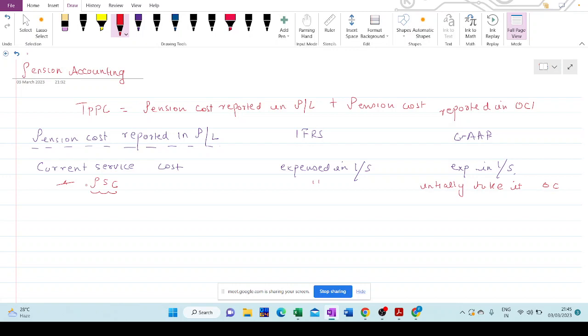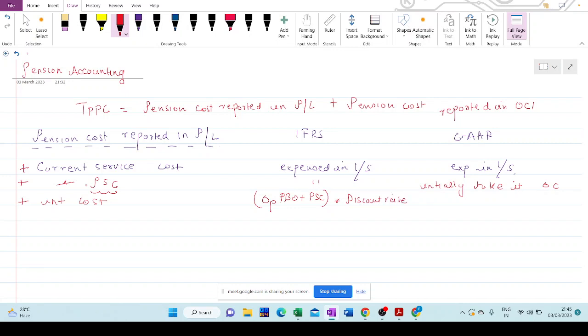Then we discussed that we add the interest costs. What was the interest cost in IFRS? It was opening PBO plus past service costs into discount rate.